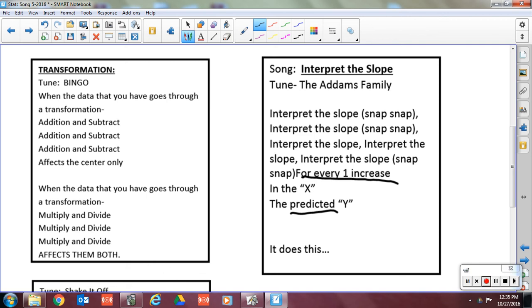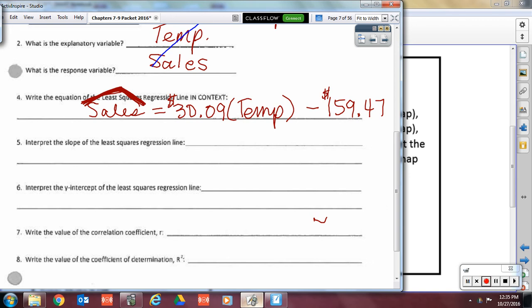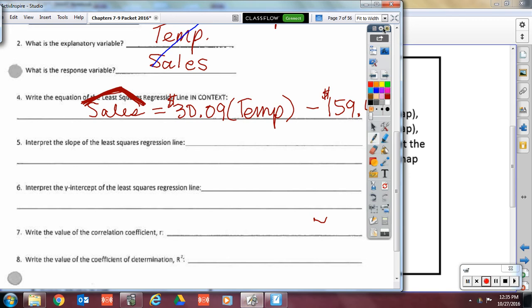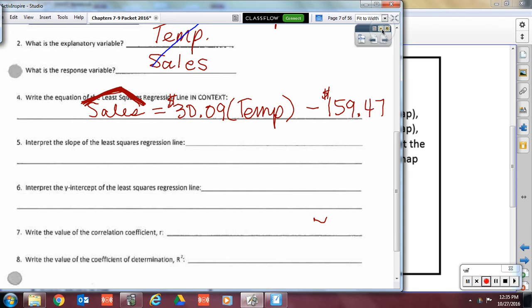All right. So let's see if we can use that and interpret our slope. How are we going to start that? For every one increase. I'm going to put for every 1 degree Celsius increase, because the song helps you, but you've got to put that context in there. So for every 1 degree Celsius increase in the what?